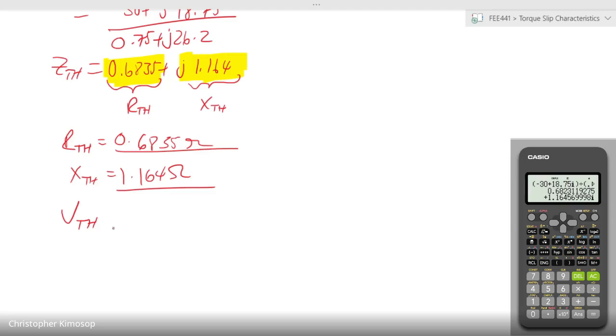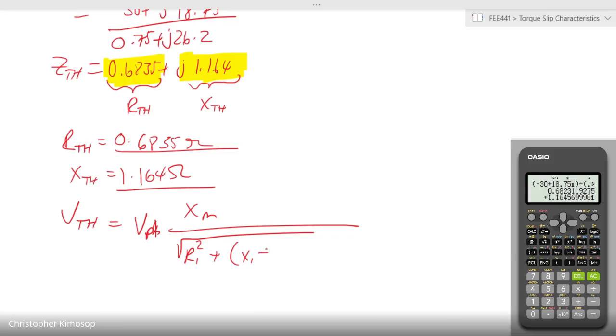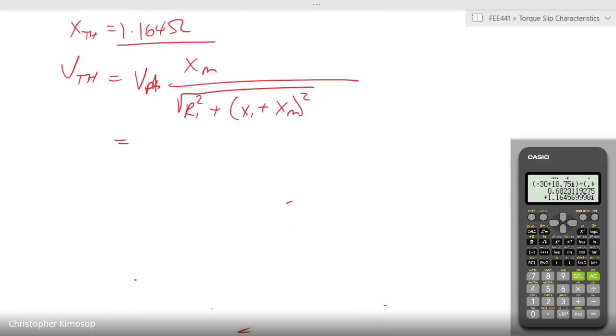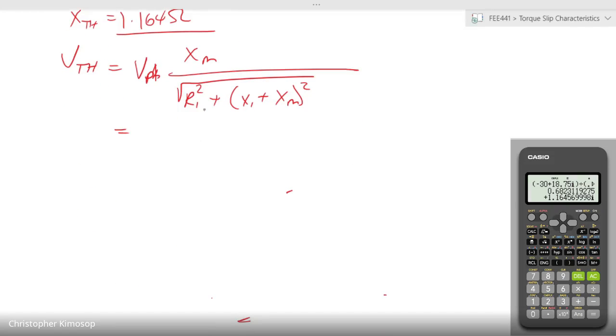V Thevenin was given by V phase times Xm over the square root of R1 squared plus (X1 plus Xm) squared. This one was a magnitude, so we are only looking for the absolute values. Phase voltage is 415 divided by the square root of 3.